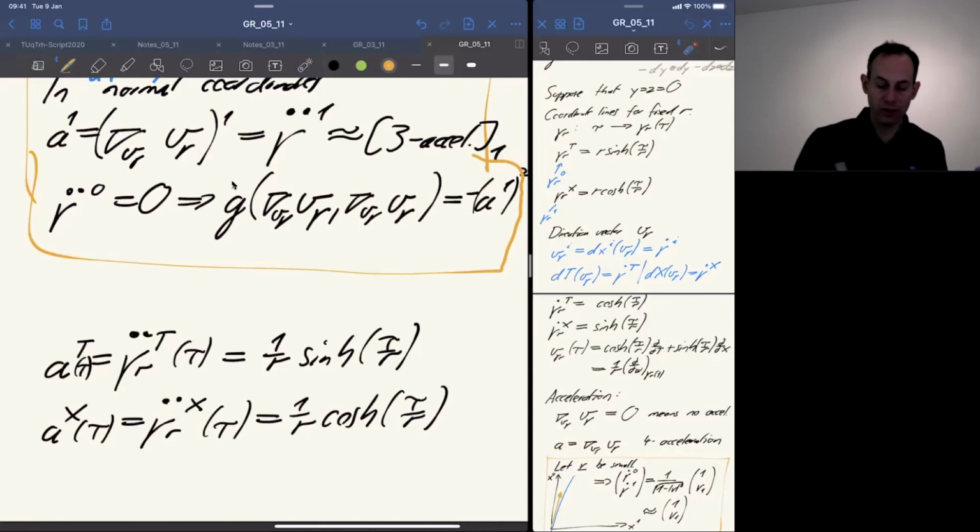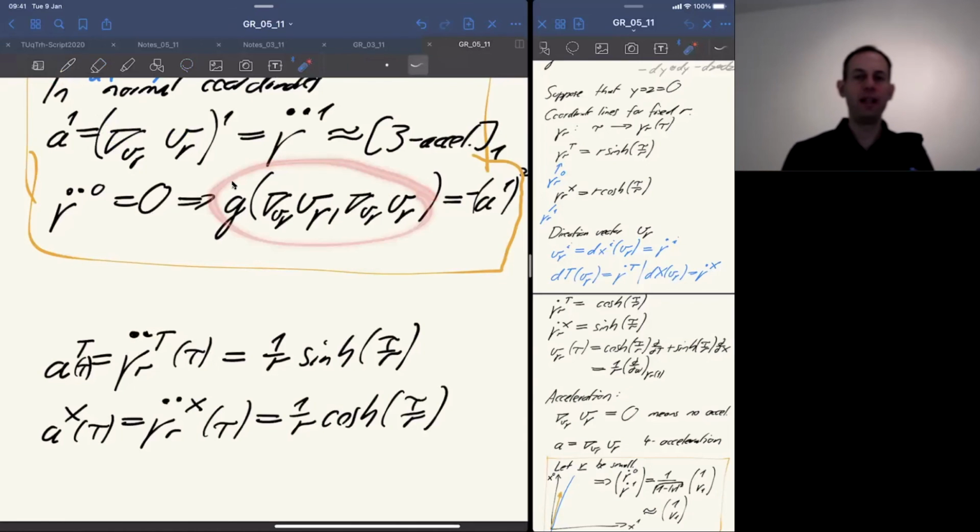Of course, if I just talk about a1 here, then I already introduced the coordinate system. But the length of a vector is defined independently of a coordinate system. So the statement is that the length of the acceleration is something that has a direct physical meaning. And that's again the acceleration we would really experience.